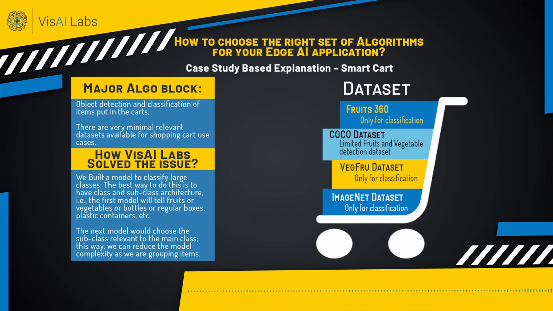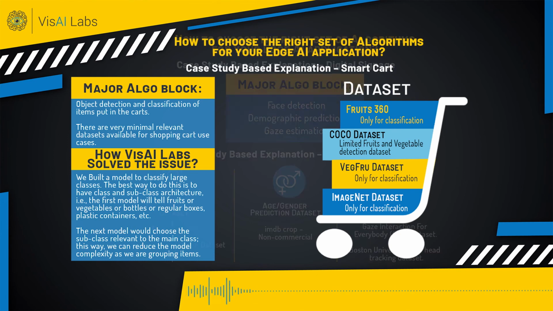How Visay Labs has solved this problem is by using a model hierarchy. We have used a class and subclass hierarchy where a main class will classify something as a fruit and hand it over to a subclass which will actually recognize it as an apple or a banana. This is an innovation we did to solve the performance problem for the smart cart application.